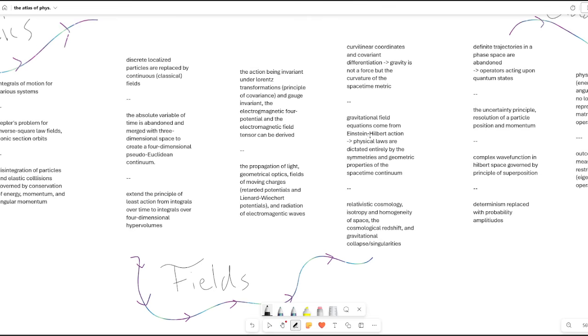So the gravitational field equations come from Einstein-Hilbert actions, and physical laws are entirely dictated by the symmetries and geometric properties of the space-time continuum.